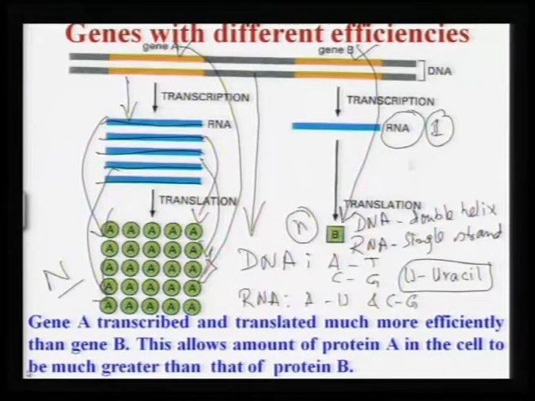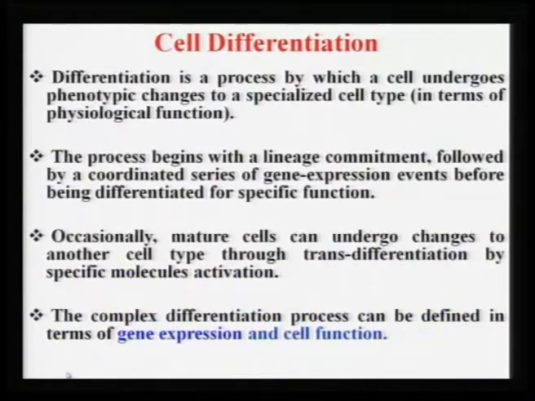Now, from that I can start explaining what cell differentiation is. Differentiation means, as I said earlier, differential gene expression. Differential gene expression means how two different genes are expressed differently, through the transcription and translation process, because of two different efficiencies.